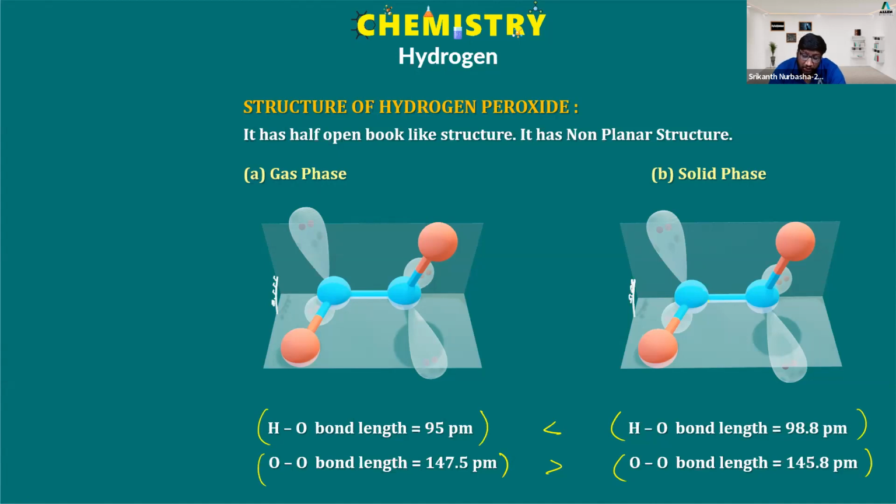In the solid phase, the oxygen atoms fit at the respective crystal sites, thereby the bond length will be smaller and the bond energy greater. Whereas OH bonds are larger in the solid phase when compared to the gaseous phase.